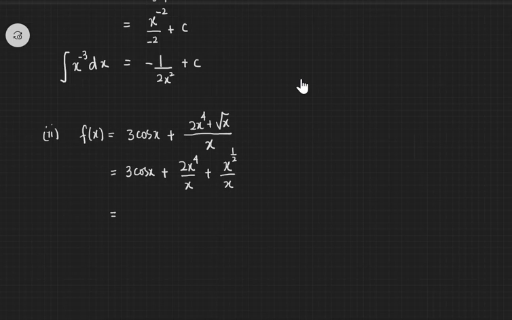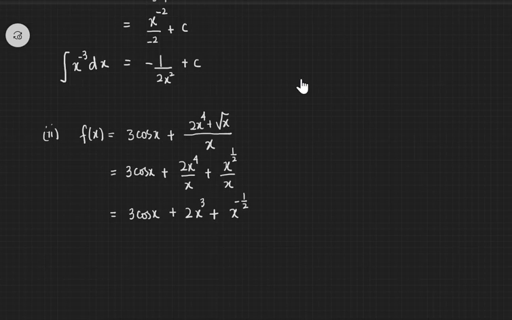This can be further simplified as 3 times cos of x plus 2 times x power 3, because x power 4 divided by x becomes x power 3, plus x power 1 upon 2 divided by x power 1, which becomes x power minus 1 upon 2.